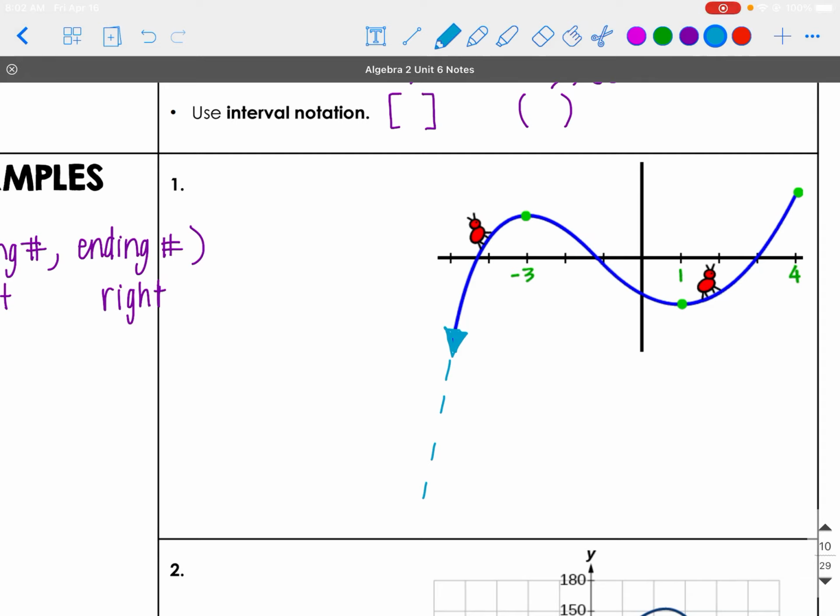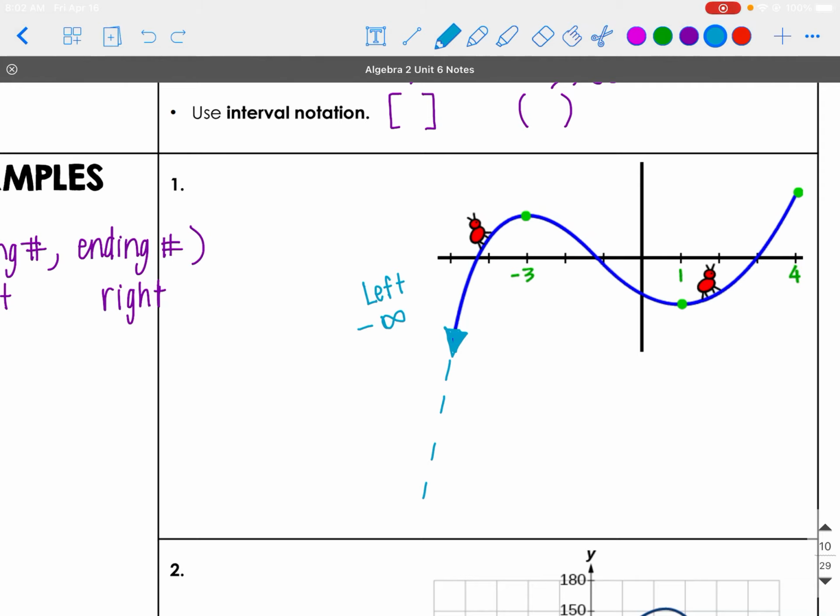So there is no specific point where it starts. If your arrow is on the left, we use negative infinity. If there happened to be an arrow over here on the right, we would have put positive infinity on that side, but it has a point. It doesn't actually go on forever.